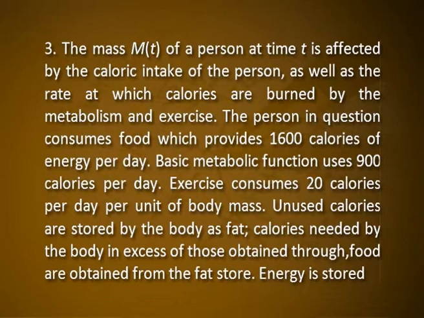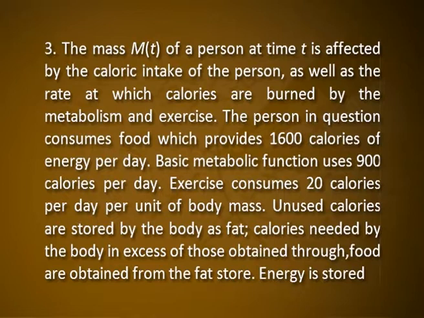Third, the mass m(t) of a person at time t is affected by the caloric intake of the person as well as the rate at which calories are burned by the metabolism and exercise. The person in question consumes food which provides 1600 calories of energy per day. Basic metabolic function uses 900 calories per day. Exercise consumes 20 calories per day per unit of the body mass.